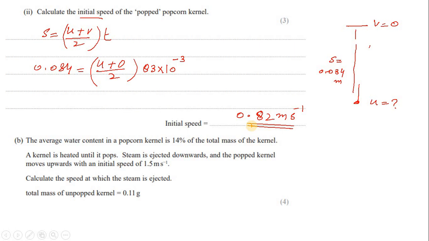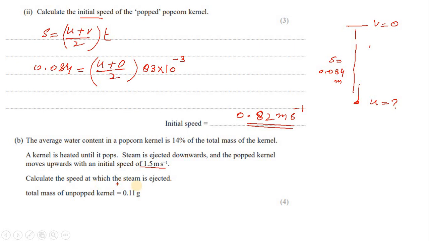The average water content in a popcorn kernel is 14% of the total mass of the kernel. A kernel is heated until it pops, steam is ejected downward, and the popped kernel moves upward with an initial speed of 1.5 meter per second.